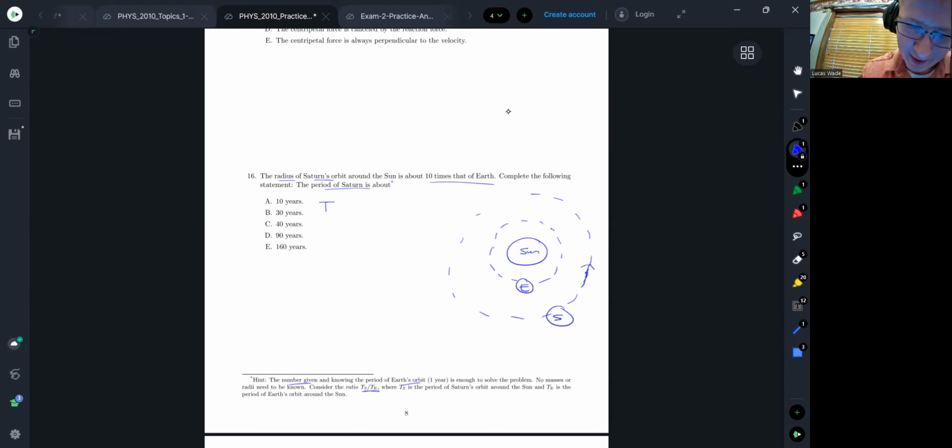What is the expression that we found for the period of a satellite's orbit, which we can consider Earth and Saturn to be satellites orbiting the sun? All satellite means is something that orbits something else.